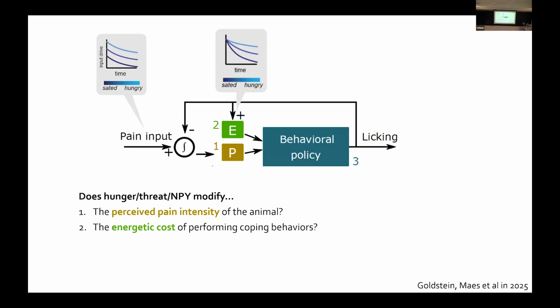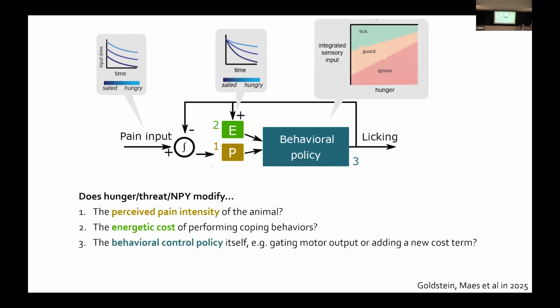You could also predict that it changes the energetic cost of performing a behavior. You're starving, you have less energy reserves. So when you decide to respond to your pain, that costs you more than if you were relaxed and sated and everything was going well. So maybe what hunger is doing is changing the cost of actions that aren't related to foraging.